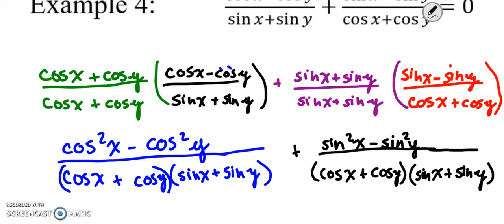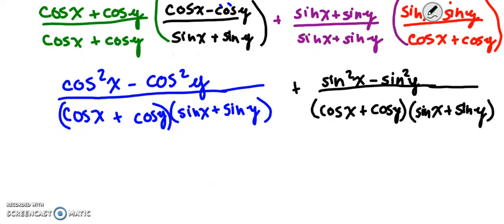Okay, so now we can go ahead and start combining things together. In other words, combine our numerators and have our same denominator. So let's do this color.